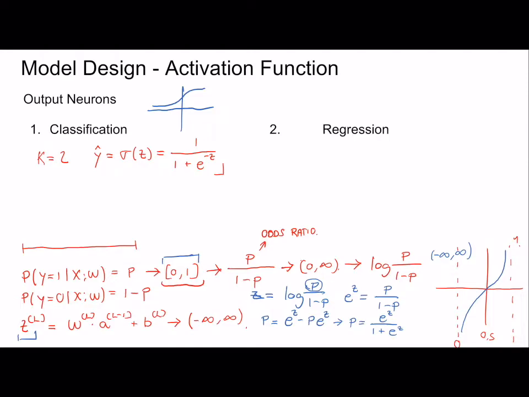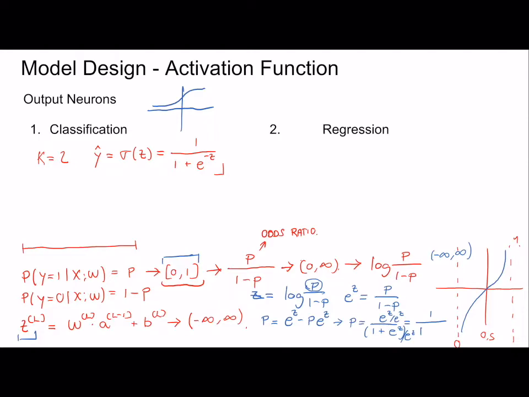And this starts to look a little bit more like a sigmoid function. If we divide both numerator and denominator by e to the power of c, the numerator becomes 1, and in the denominator, 1 over e to the power of c is e to the power of minus c, and e to the power of c divided by e to the power of c is 1.